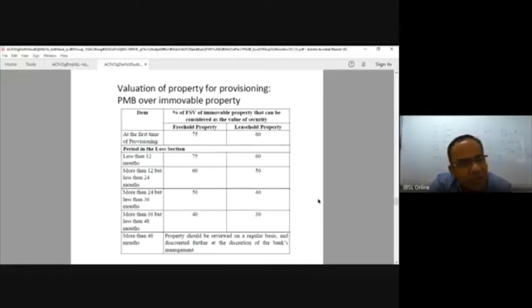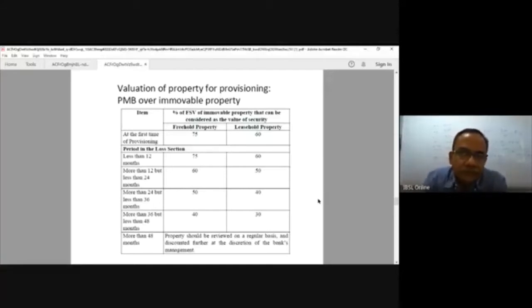Normally, like I told you, some banks and financial institutions will have their own provisioning policy, which will be more prudent than this. This is the minimum. You must have this minimum, and if you don't, you are violating. But some banks, for example, will fully provide for anything more than one year overdue.